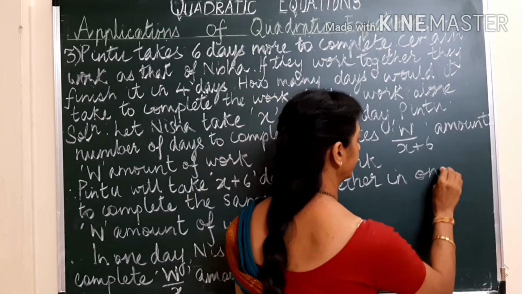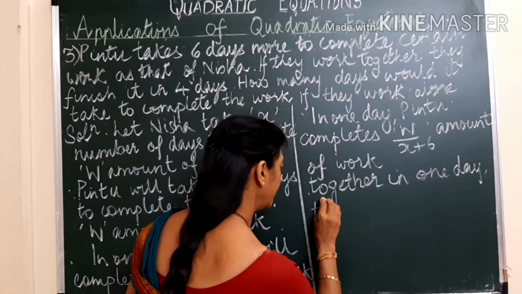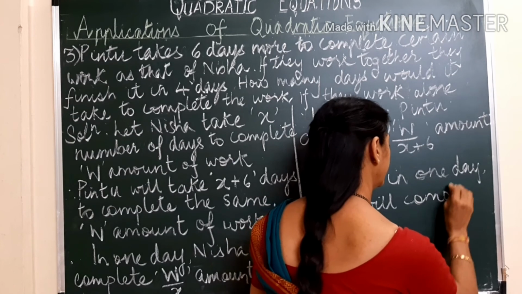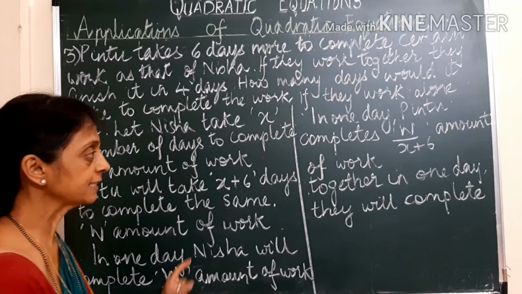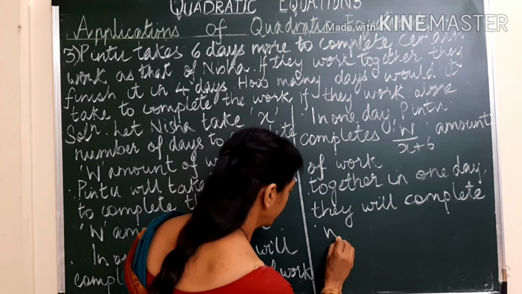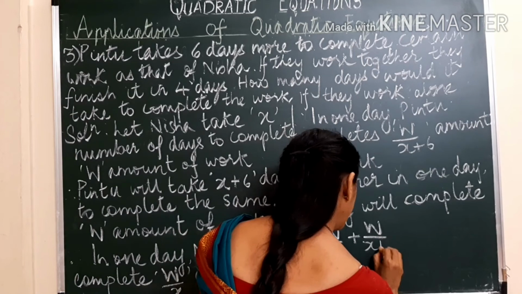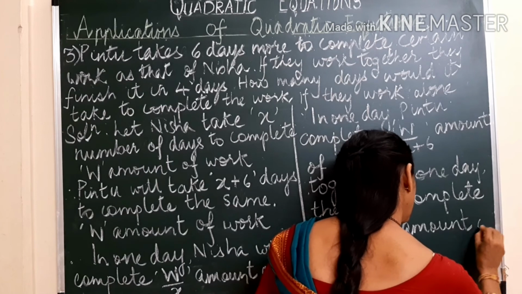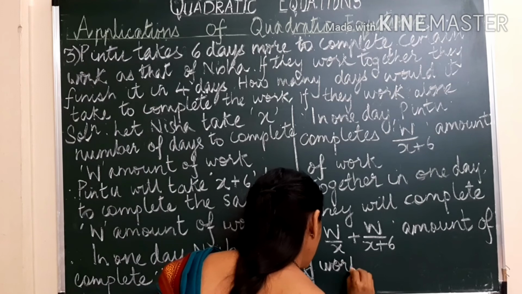Together in 1 day, they will complete W upon x plus W upon x plus 6 amount of work.